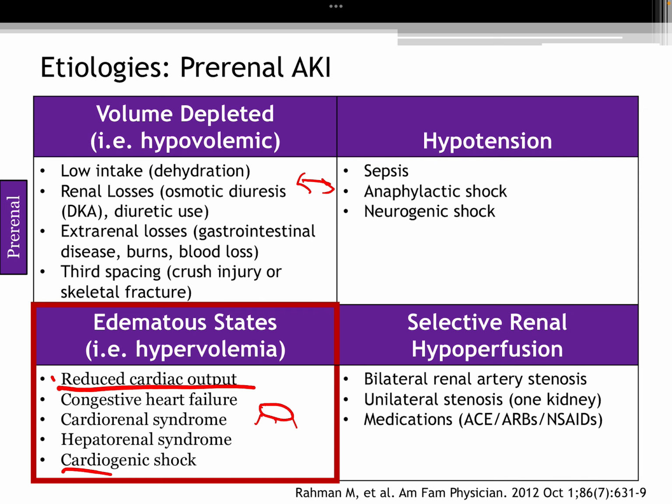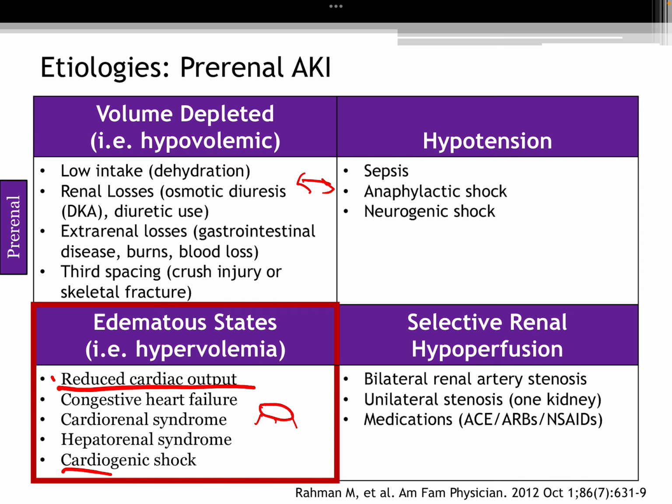So whenever it comes to patients with congestive heart failure, they can develop chronic kidney disease, and that is called cardiorenal syndrome. Also, you can have patients with liver disease that start having renal disease, and that's hepatorenal syndrome. So I just wanted to define those two things for you as well.